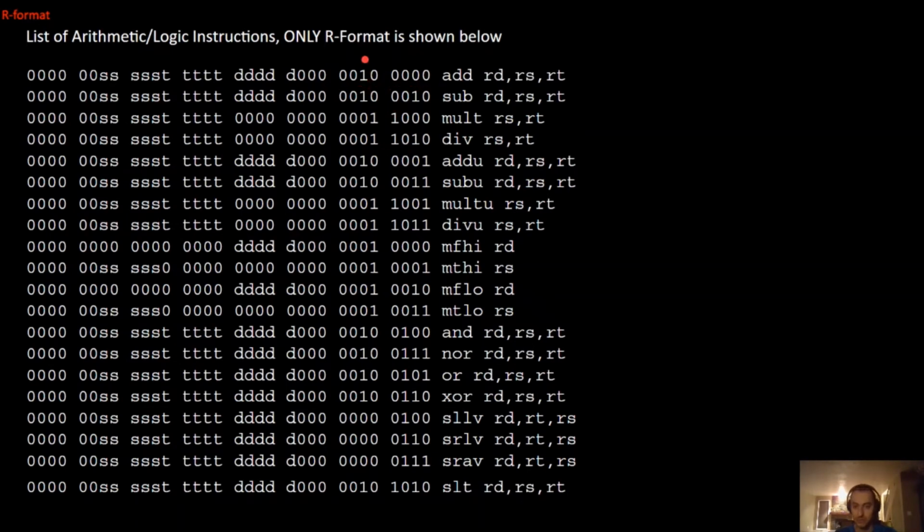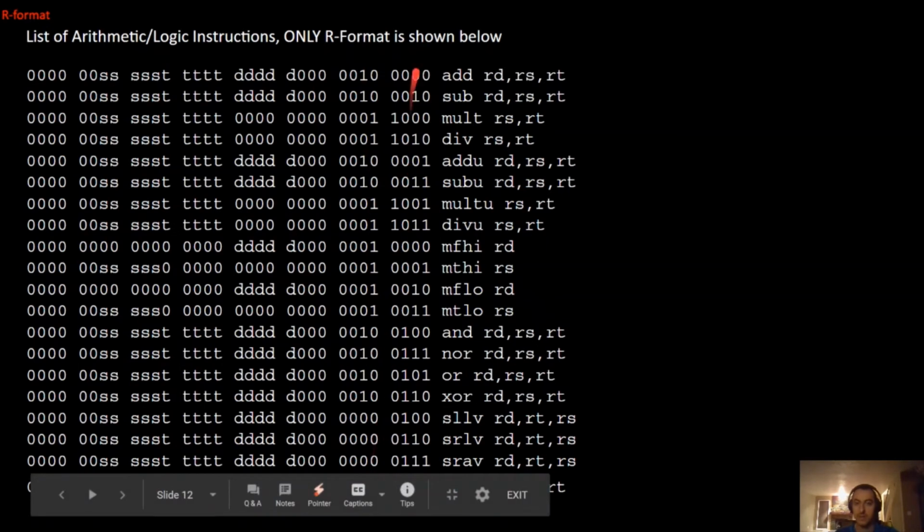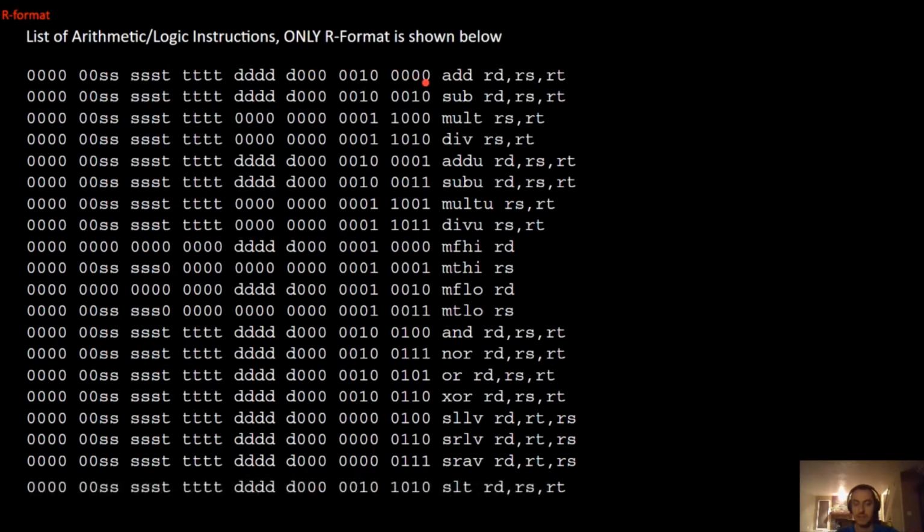If we look through all of these, there is only one that has this pattern. It's all 0 except the 5th and the 6th bit, if you start counting from 1, 2, 3, 4, 5, 6. That is the only one that is 1 and the rest are 0.